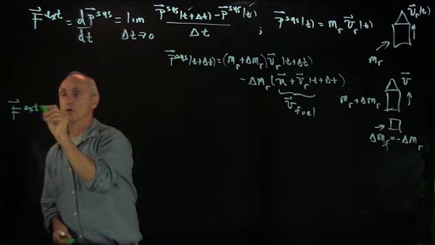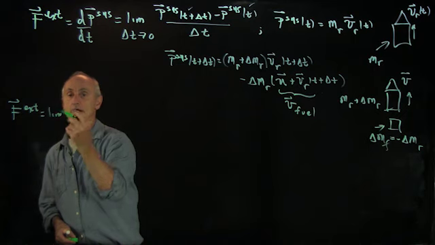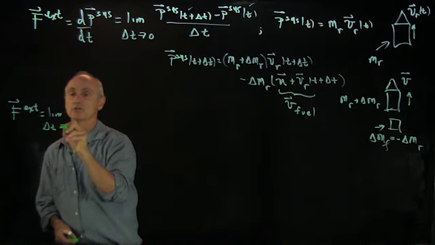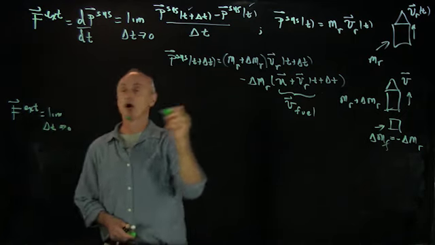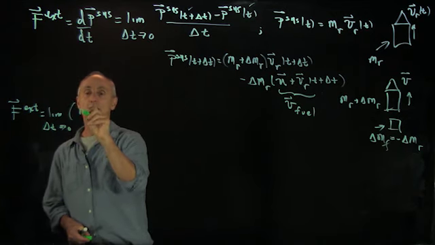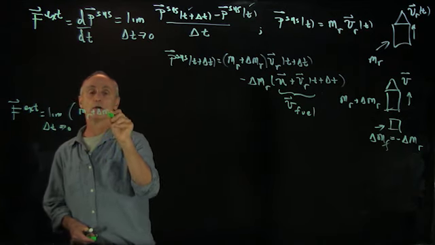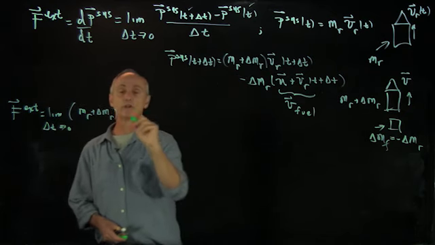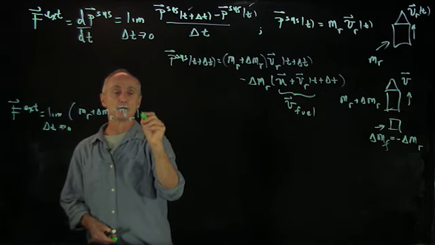So now this will be a big expression. We'll write external force is the limit as delta t goes to 0. Now here, our first term is m of r plus delta mr times the velocity of the rocket at time t plus delta t.